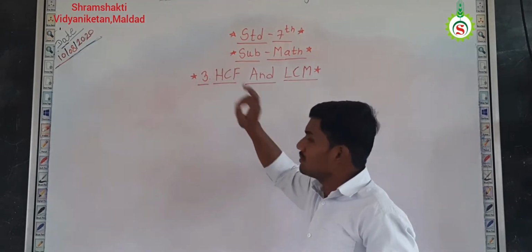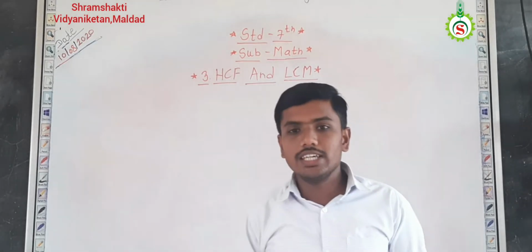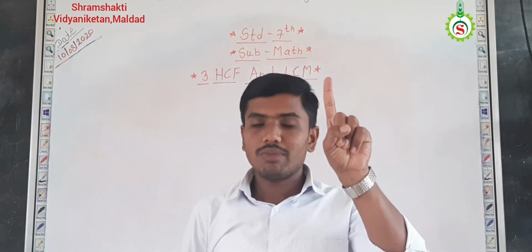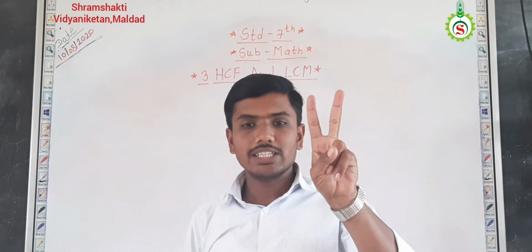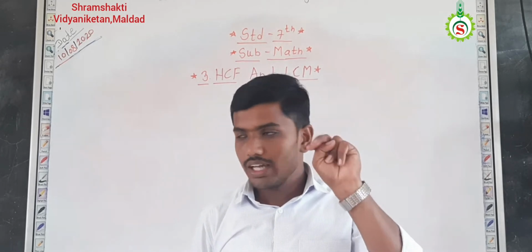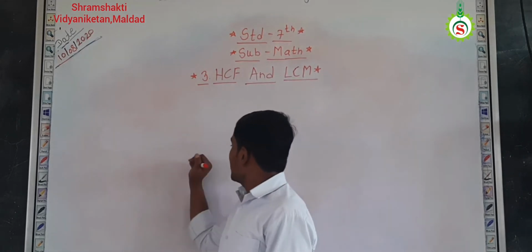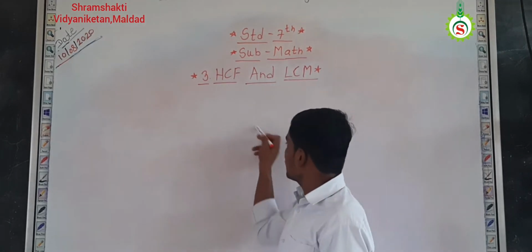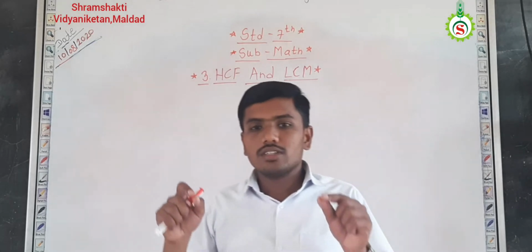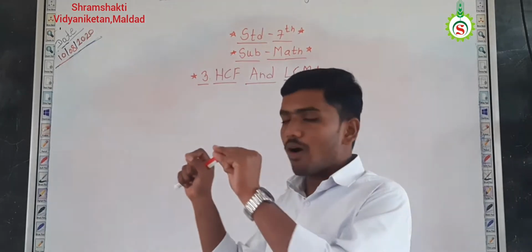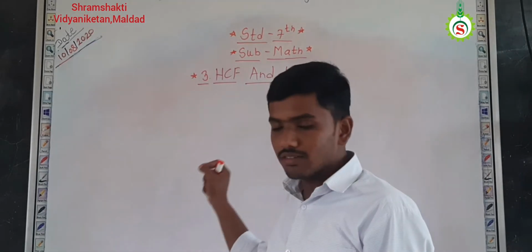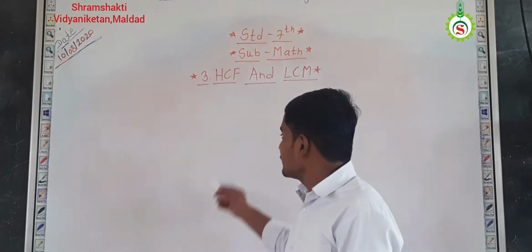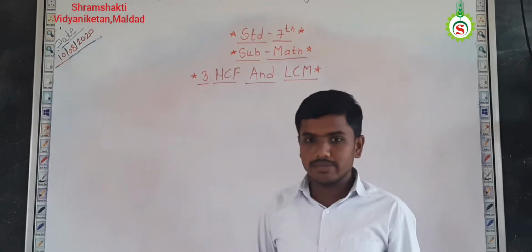If I want to find out HCF, I have two methods. The first method is by factorization and the second method is by division method. If in your question they mention find the HCF of numbers by the factorization method, at that time you have to use only factorization method.